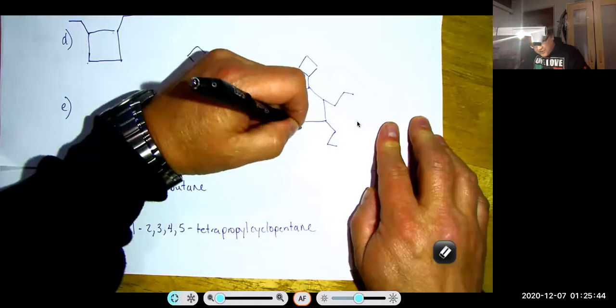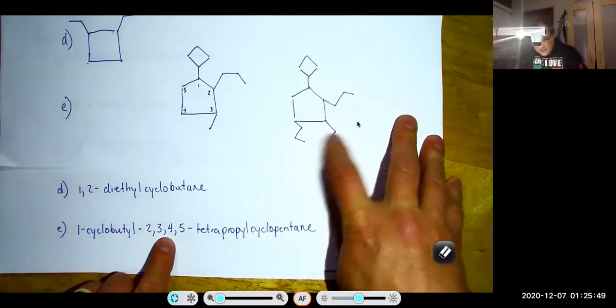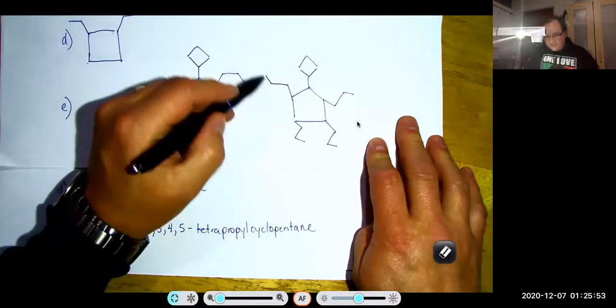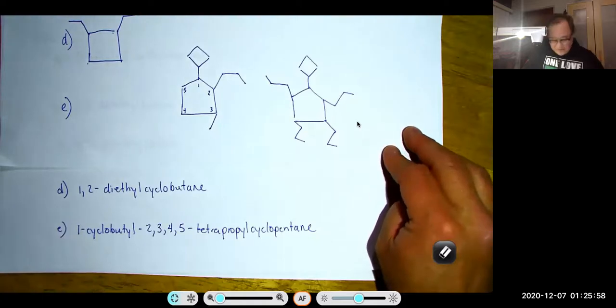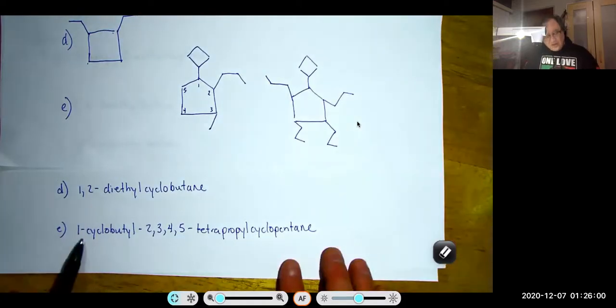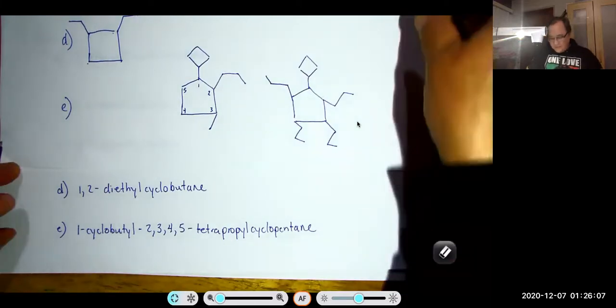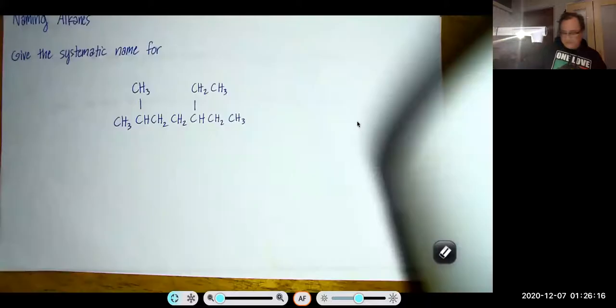And here I'm going to do that too, because number 4, there's a propyl. And then here, I'm going to do that, 1, 2, 3. So it's a dancing man. 1-cyclobutyl 2,3,4,5 tetrapropyl cyclopentane. All right. Now, I don't know how to make this a Burning Man, but we'll leave it at that. So that's how you draw these guys.